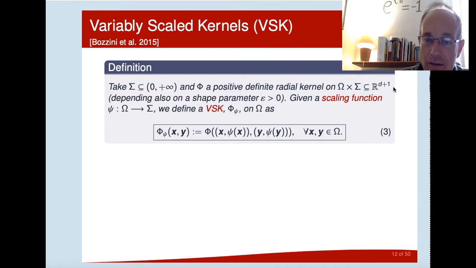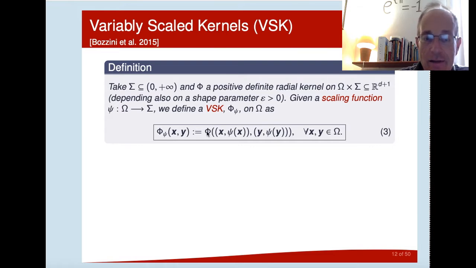So given a scaling function, that is a function that takes a point in Omega, which is a subset of R^d, and gives values in the positive real line, the VSK is nothing else than this kernel that we described in Formula 3.